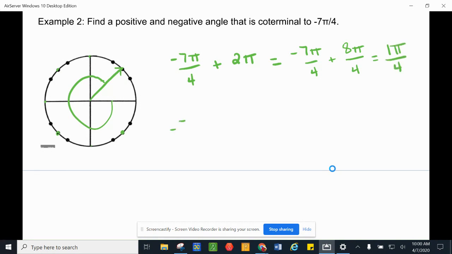All right, now let's subtract a full rotation. Common denominator again. And we get negative 15 pi over 4.